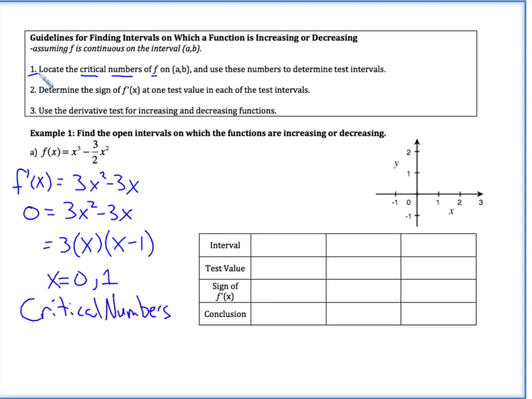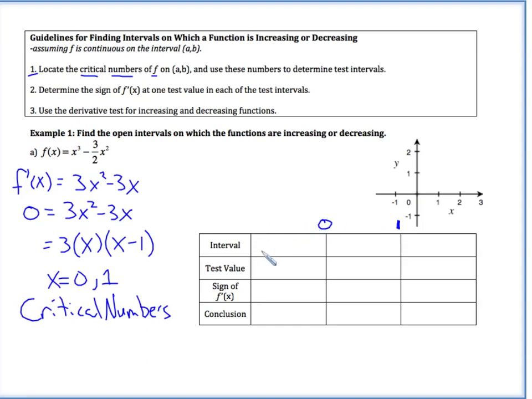It said locate the critical numbers, and now we want to use these numbers to determine our test intervals. So basically, we're going to put our critical numbers right here, 0 and 1. And we're going to be looking at intervals around these critical numbers.